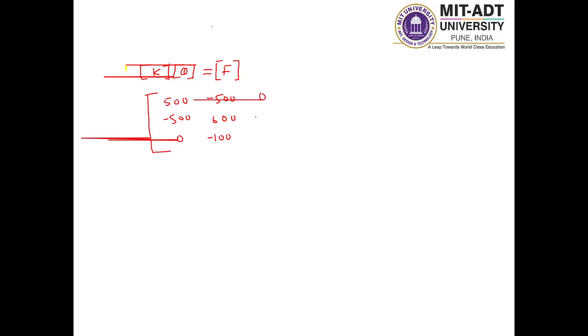Last column is 0, and sorry, this is minus 100, and after this is 100. Now this is K matrix multiplied by Q matrix. So as I said, Q1, Q2 and Q3 are the displacement at different nodes, is equal to F matrix.